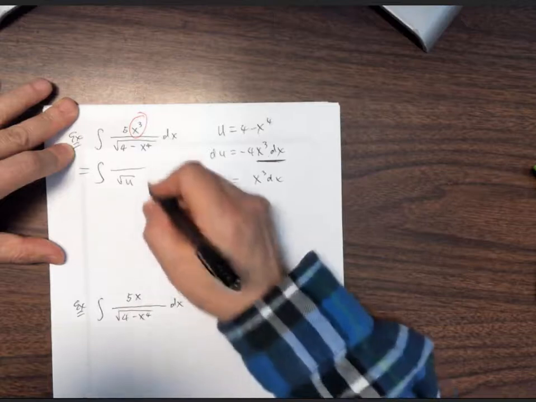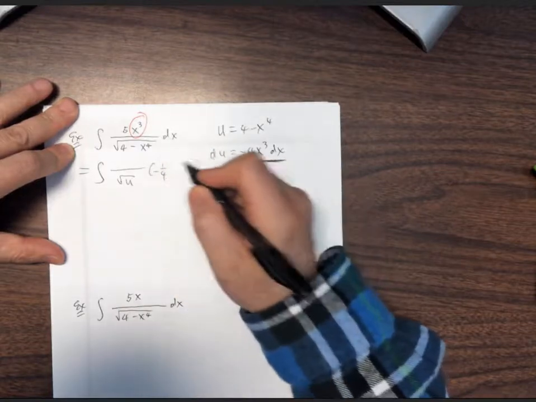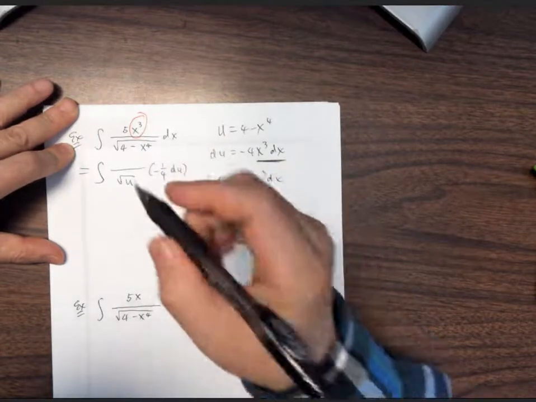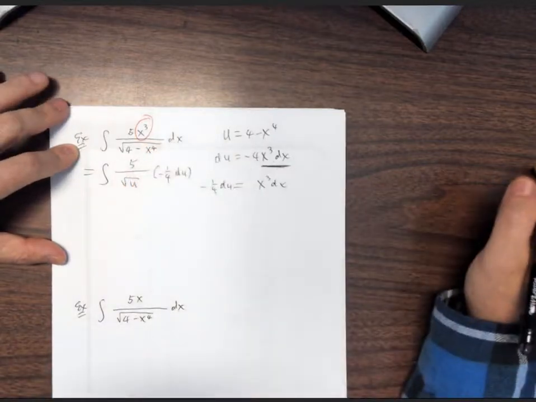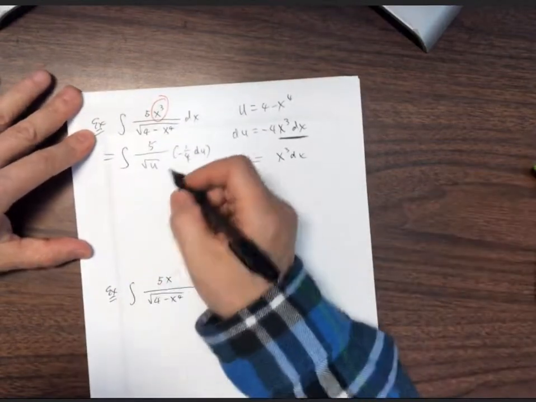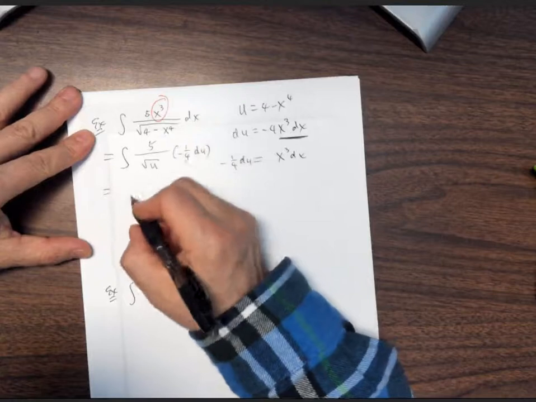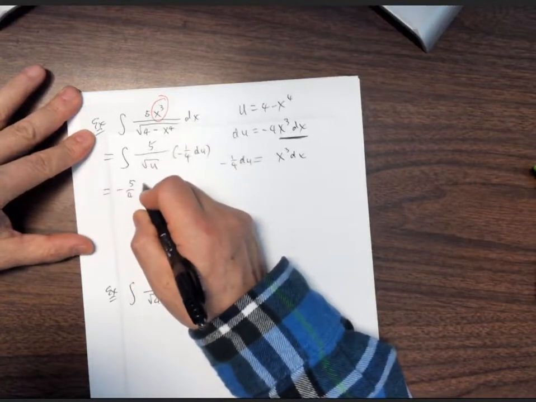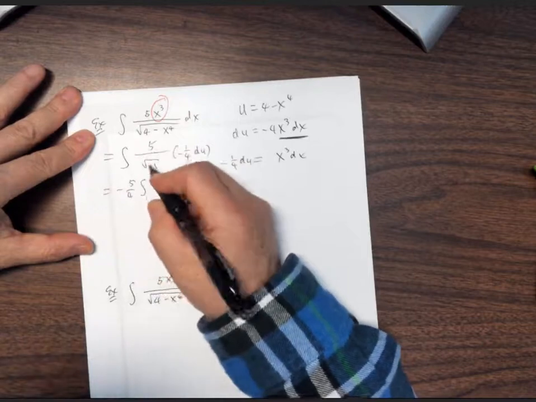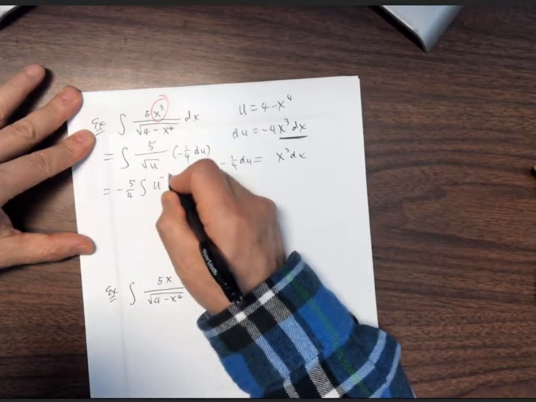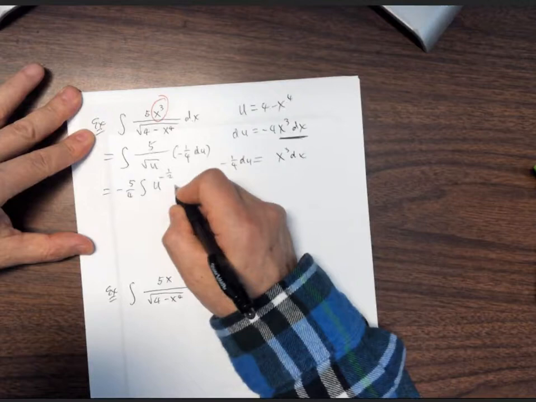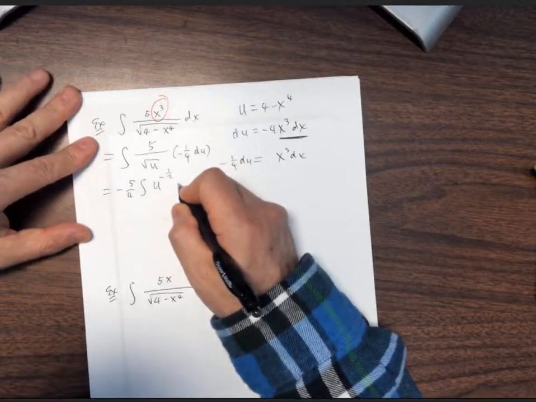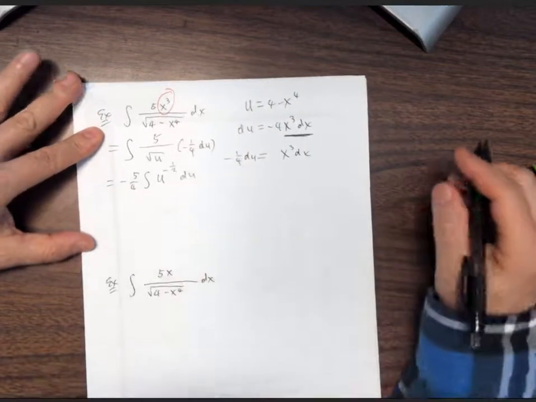Replaced by negative 1/4 du. Divide them. So move out the 5 for the radical. It's half power on the bottom. Move to the top, becomes negative.